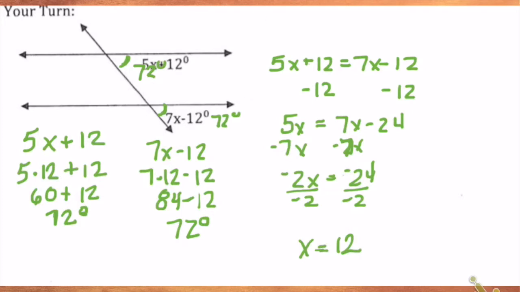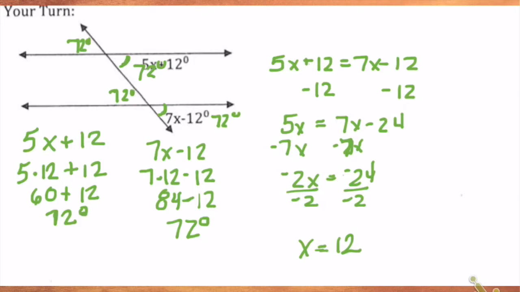Now if I want to fill in the other measurements, I can look at all the angles that would be congruent to the 72 that I already have. That would be the vertical angle to the lower 72 here, and this would be 72 also. Again, partly finding patterns, partly knowing angle relationships.